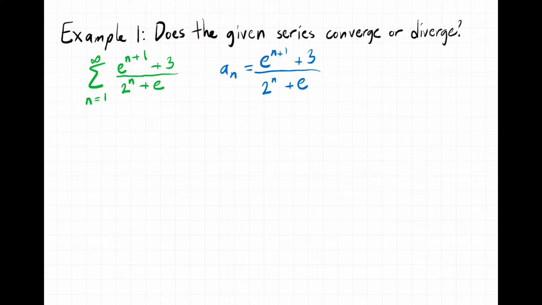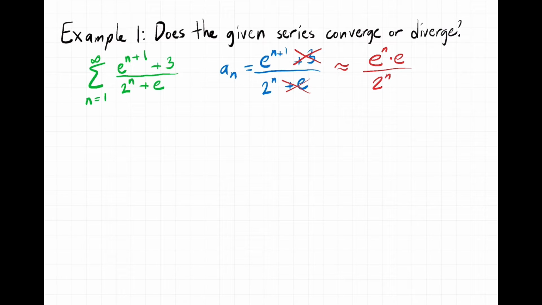In this case, I see that I've got an exponential part, e to the n plus 1, plus 3. So maybe I'll just imagine that I cross out that 3. And on the bottom, I've got 2 to the n plus e. This is similar to e to the n plus 1, but actually I'd like to say that's e to the n times e over 2 to the n.